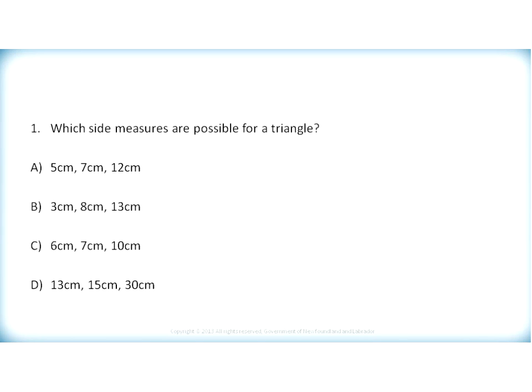Which side measures are possible for a triangle? Is it A, 5, 7, 12, B, 3, 8, 13, C, 6, 7, 10, or D, 13, 15, 30 centimeters?